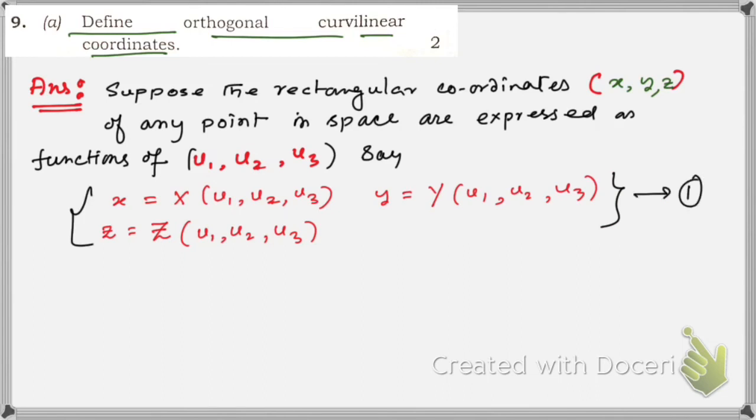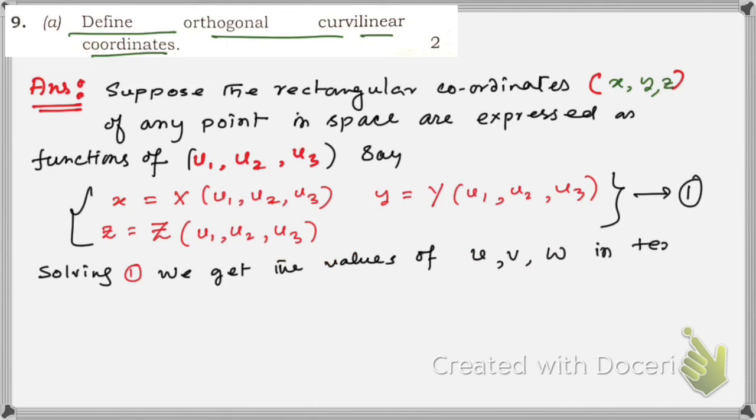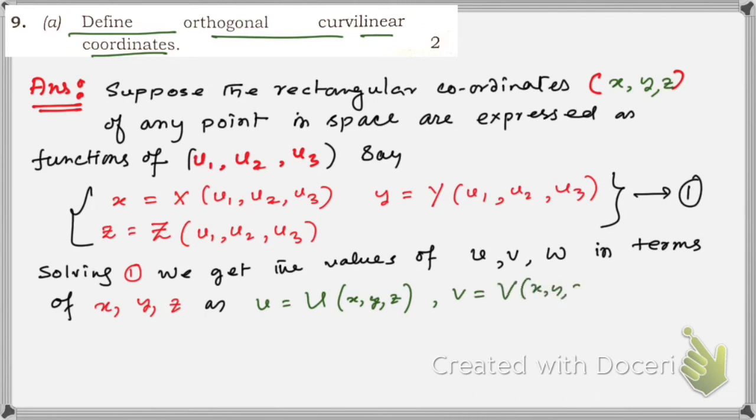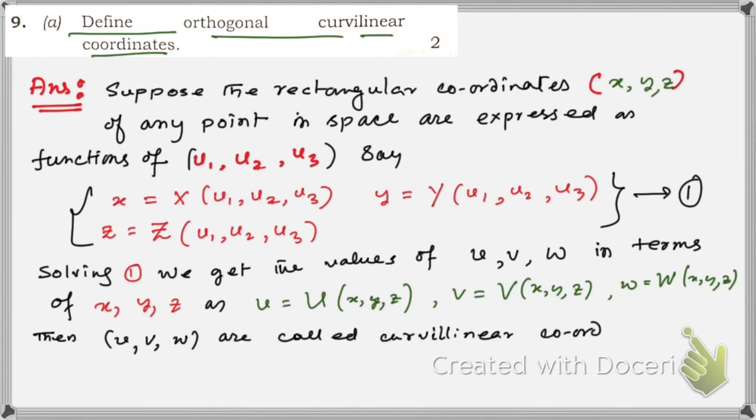So this is equation number 1. If you solve 1, we can get the values of u, v, w in terms of x, y and z, such that small u is equal to capital U of x, y, z. Similarly, small v is equal to capital V of x, y, z, and small w is capital W of x, y, z. Then these small u, v and w are called curvilinear coordinates.